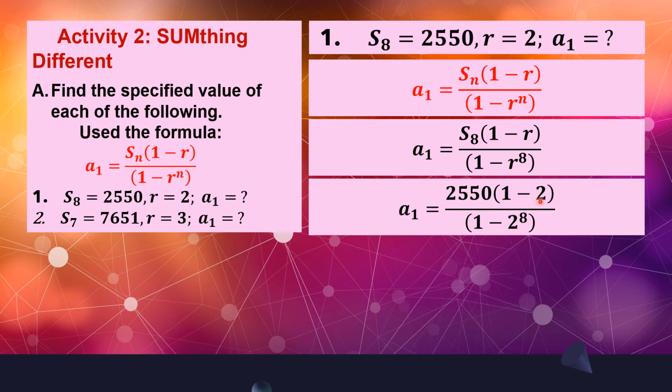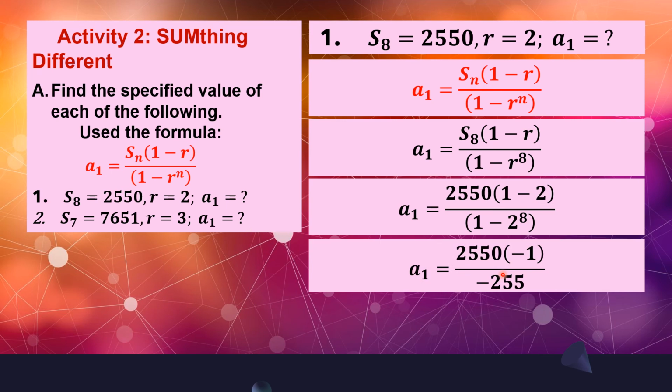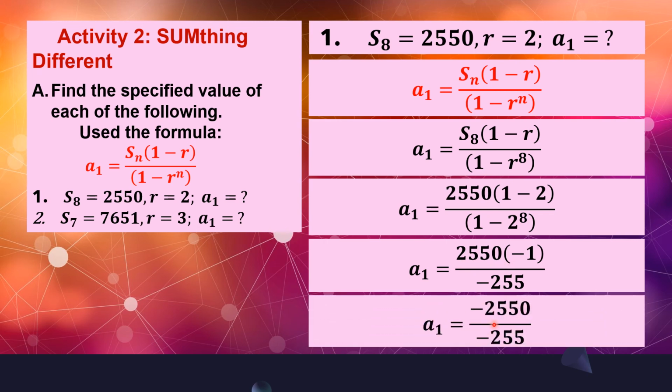1 minus 2 is equal to negative 1. So times 2,550. 1 minus 2 raised to 8 is equal to negative 255. 2,550 times negative 1 is equal to negative 2,550 all over negative 255.